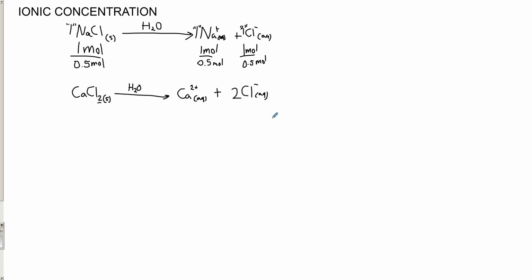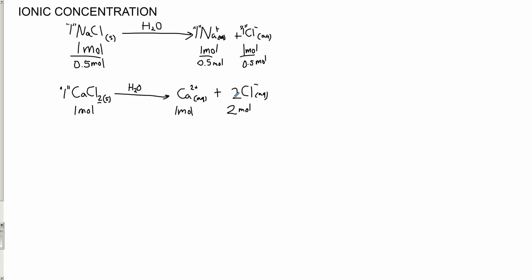Interesting. In other words, if I dissolved 1 mole of calcium chloride, and remember, I don't care about the mass right now, we just care about moles. We're always starting the basic way. If I have 1 mole of calcium chloride, remember there's a 1 in front, that means I'm going to have 1 mole of Ca2+ ions, but we're going to have 2 moles of Cl- ions. Why?